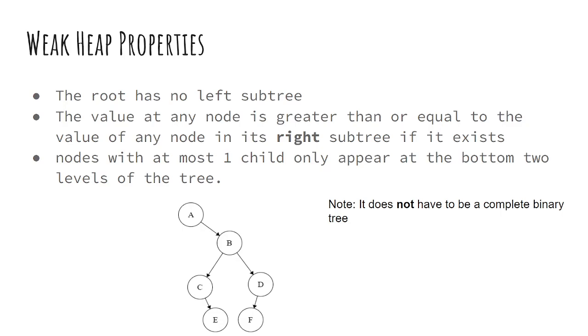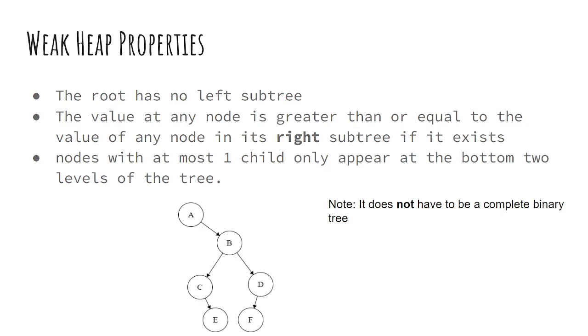So to go over the properties of a weak heap, first of all, the root has no left subtree. I think that's clear enough. But the other two rules are not so clear. It's easy to misunderstand them, and I think that's actually what other people get wrong when they read those two rules in the beginning: the value at any node is greater than or equal to the value at any node in its right subtree, if it exists.